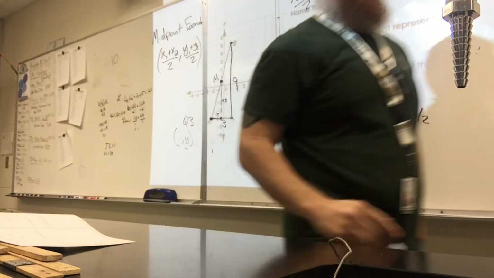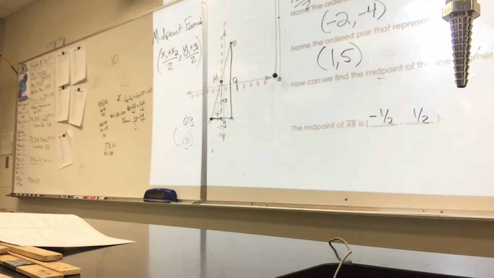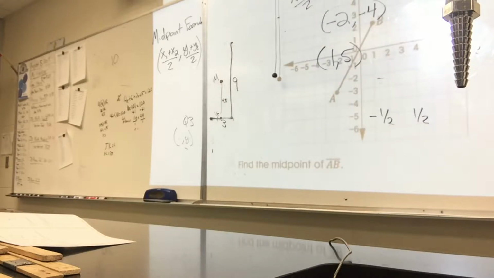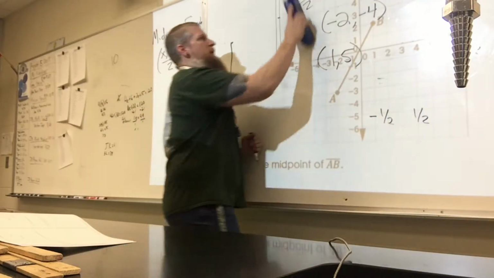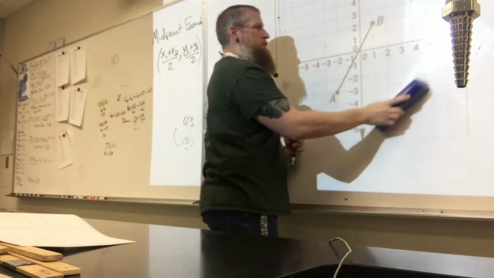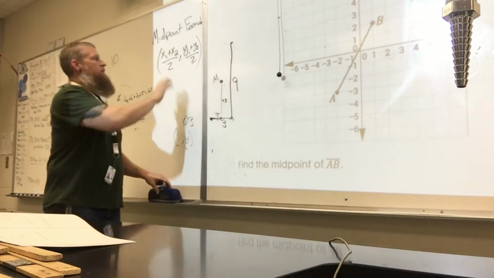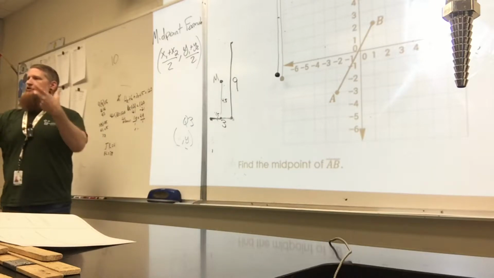All right, so I'll do a few examples here. So we'll do that one that's on page 10. With these that are graphed out, if you want to do the midpoint formula, you need to get your coordinates first.